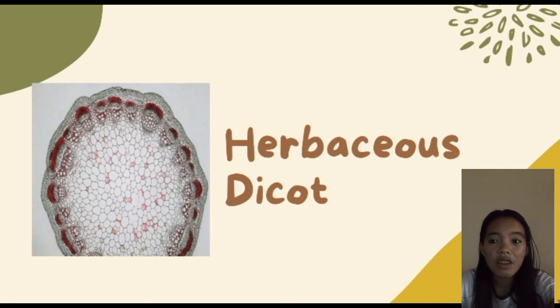The center area of a herbaceous dicot stem is the pith, composed of large, thin-walled parenchyma cells that function primarily for storage. Moreover, a distinct area of cortex is also found in a herbaceous dicot stem. Cortex is a part of the plant's ground tissue, containing parenchyma, collenchyma, and sclerenchyma cells.